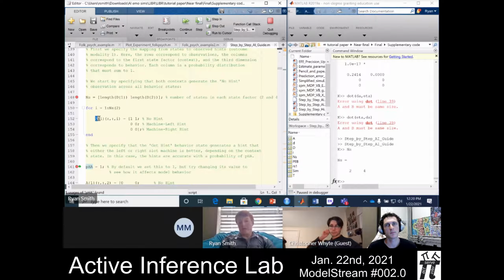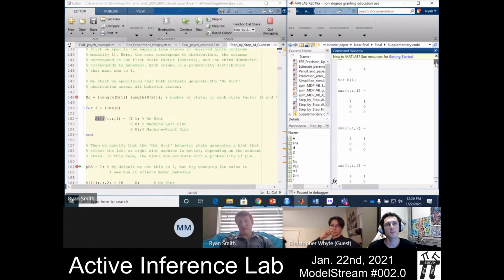I should say that the columns correspond to the first state factor, so left context, right context, and this third dimension here, 1, 2, 3, 4, corresponds to the second state factor, which is the behavior. So this is saying that when I'm in the start state 1, each context is going to generate the no hint observation. When I'm in the hint state, it's going to generate the no hint observation, and so forth. I'm just starting it that way for ease.